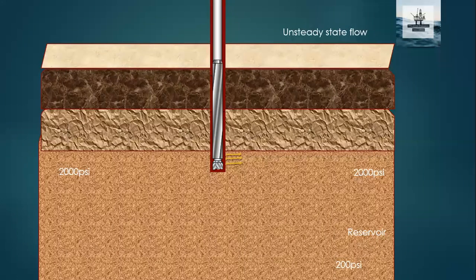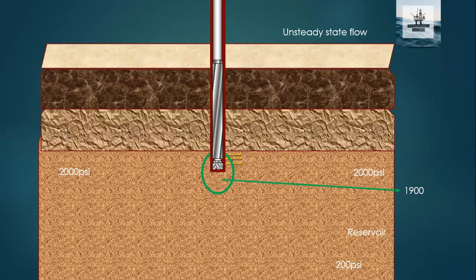Once you start perforation, then a pressure disturbance starts to be created, like the stone has entered the surface of water, creating the first ripple. So the first ripple has been created. When you create this first ripple, that means what? You started to produce some amount of oil into the well. That means pressure started to reduce.